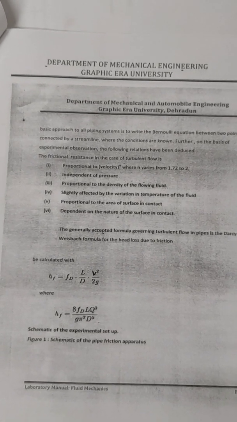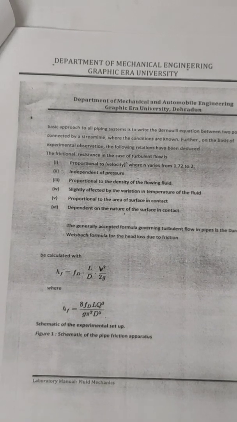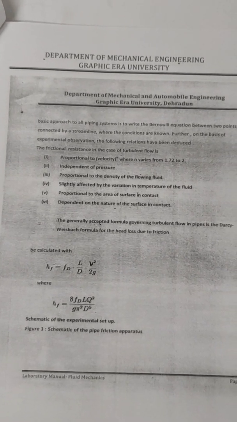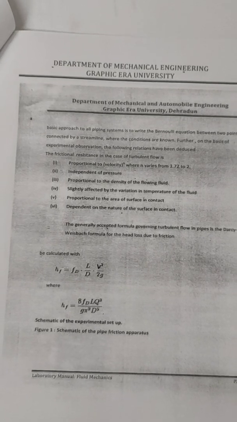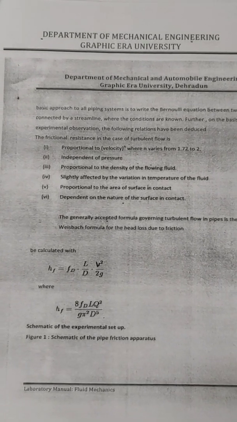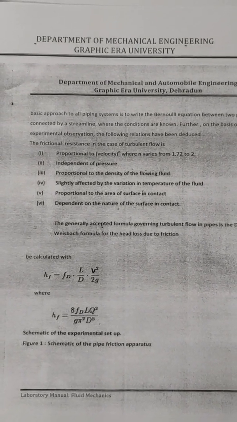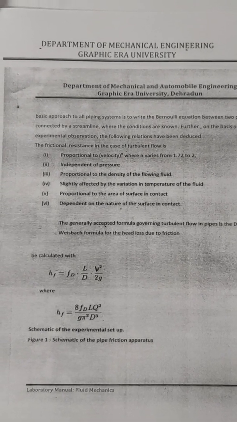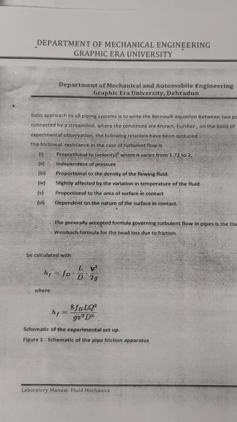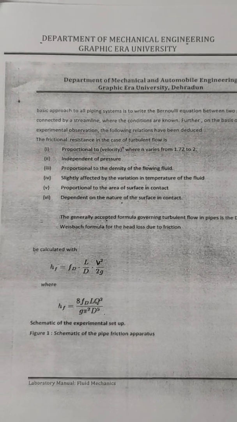This actual discharge divided by the area of the pipe gives the velocity. So hf = f L V² / 2gD, and from here we can calculate f.